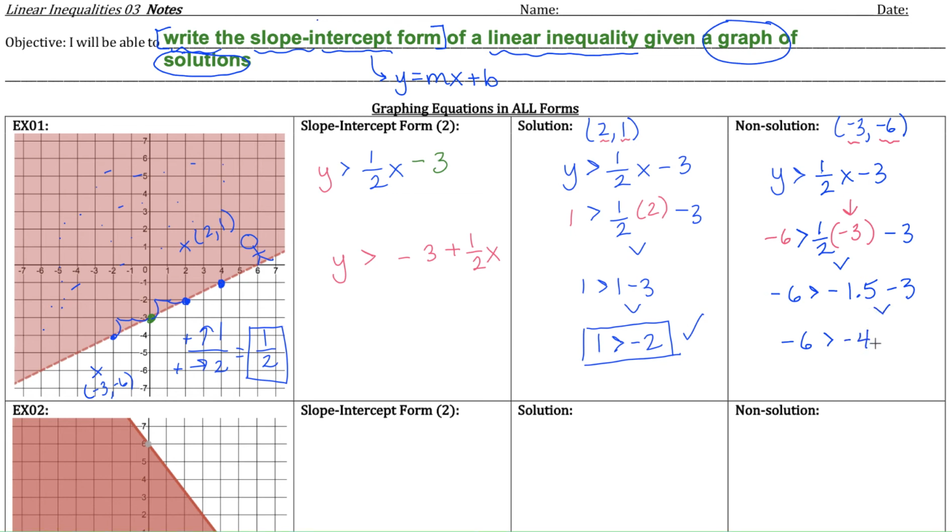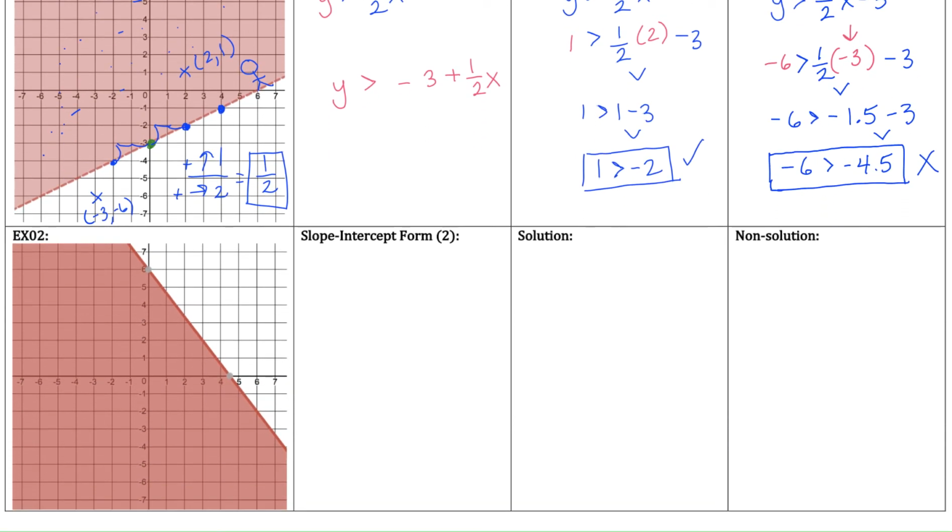And that's not true. Negative 6 is less than, because it's the larger negative, so to speak. And this is not right. Always make sure when you do this, you don't just do it to get it done. You do it to make sure what you did was correct. So this should be correct, and this non-solution should be incorrect.